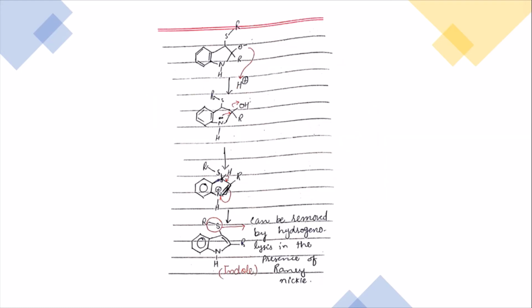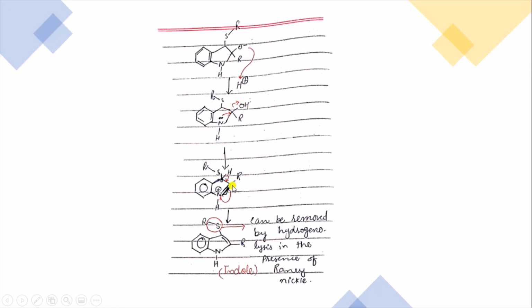In the next step, we will have a proton transfer reaction. In this way, O negative will attack this hydrogen, and we have OH. In the next step, this nitrogen has an electron pair. It will transfer to this position, and OH will be removed.